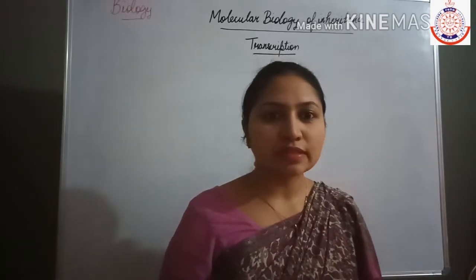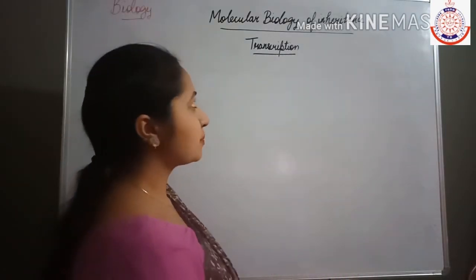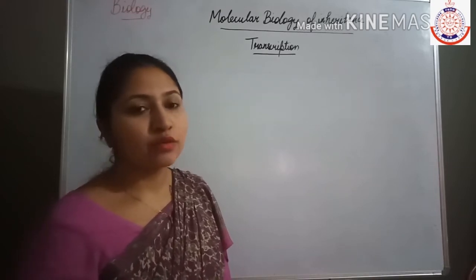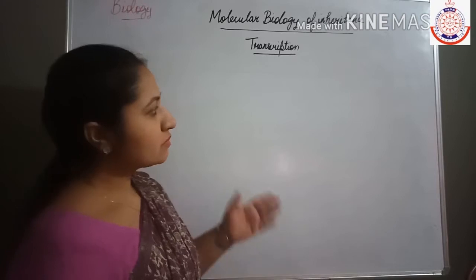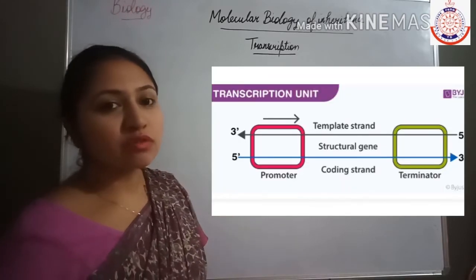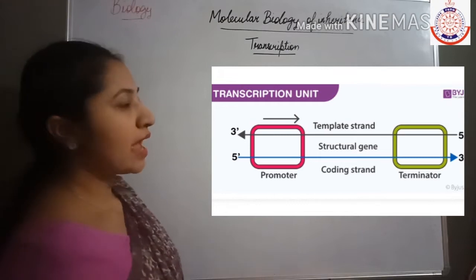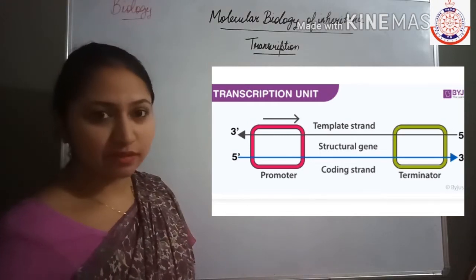So today we will discuss the topic transcription of molecular biology of inheritance. Yesterday we talked about the structural gene, which is also known as the transcriptional unit, and it contains the promoter as well as the terminator region.